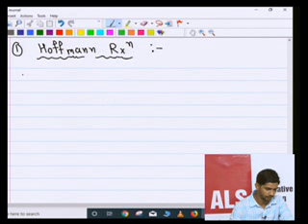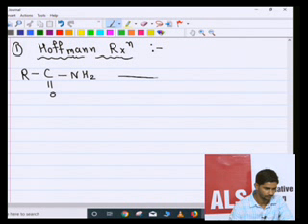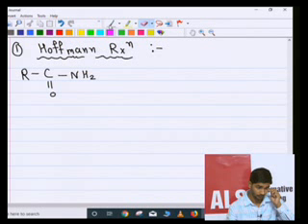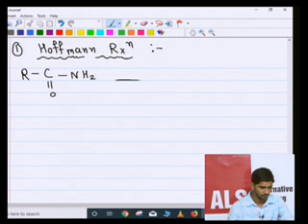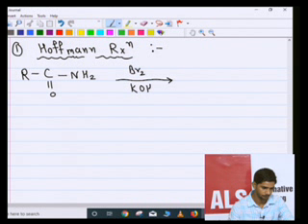This is the general reaction for this one. This is an amide. We are using Br2 with KOH. You will get RNH2.